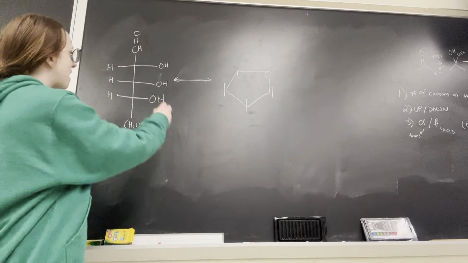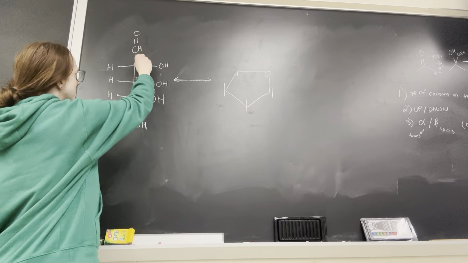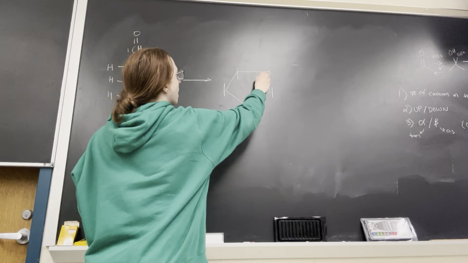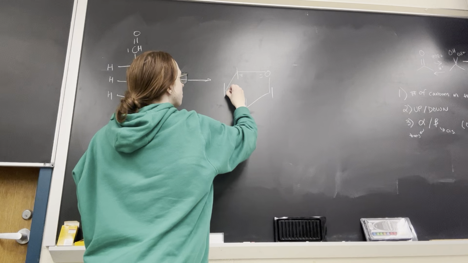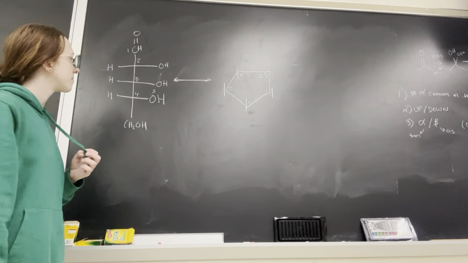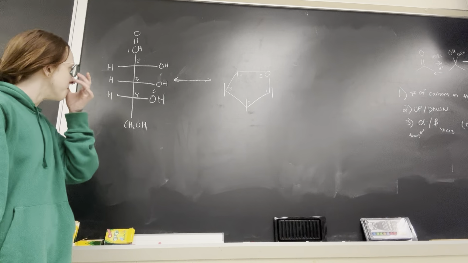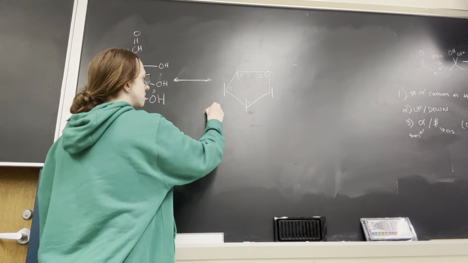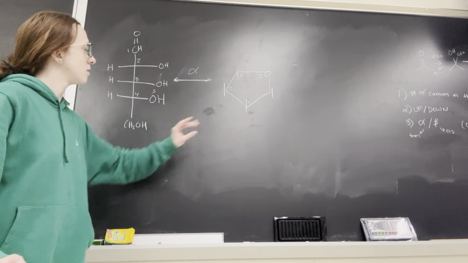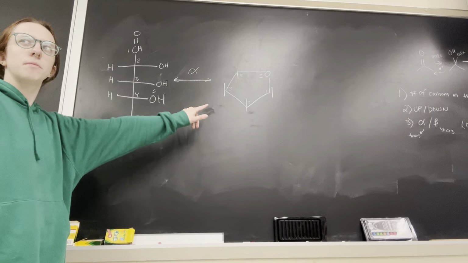I know it's going to be 5 carbons. It's the same setup. We'll make this one alpha. I'll just put that over there. Any questions about this part? We're good.